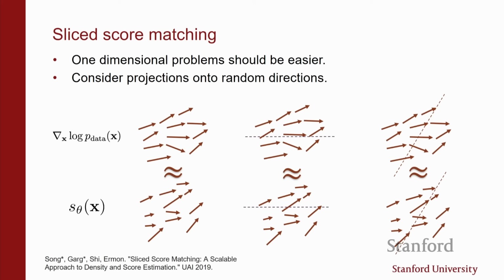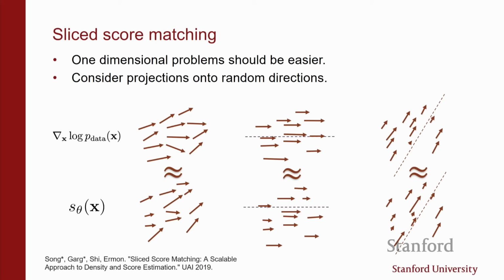If these vector fields are really the same, then they should also be the same if we project them along any direction. So you can take this direction and project the arrows along it, and if the vector fields are the same, the projections should match. In particular, if these projections are axis aligned, then individual components of these vectors should match.